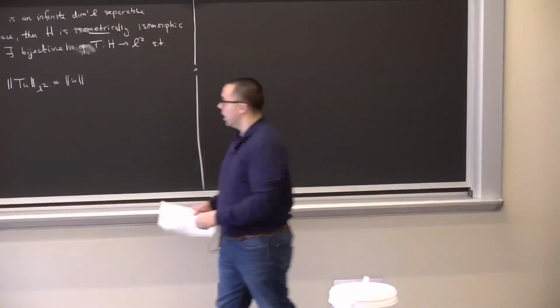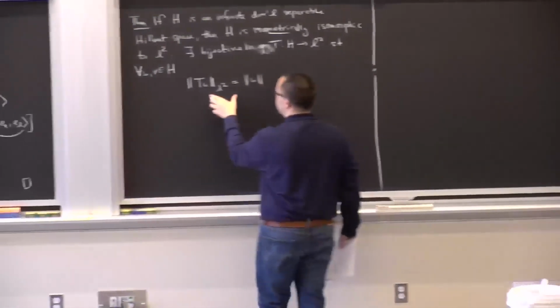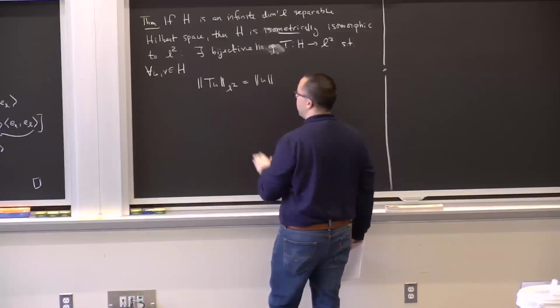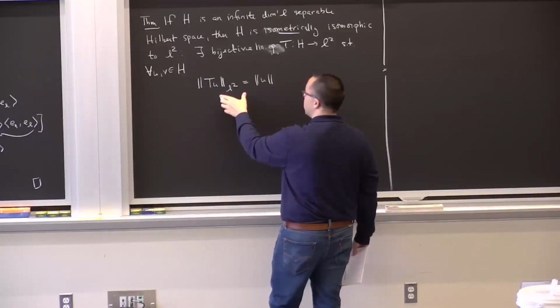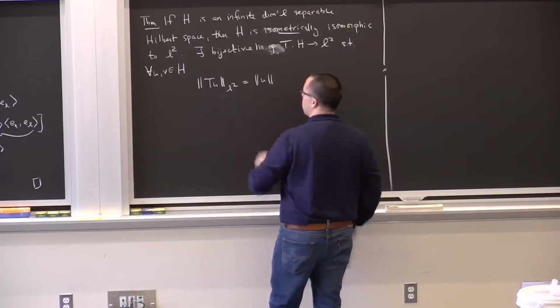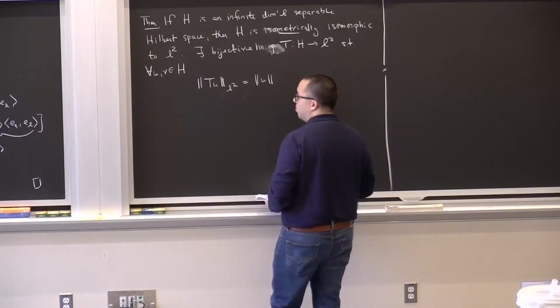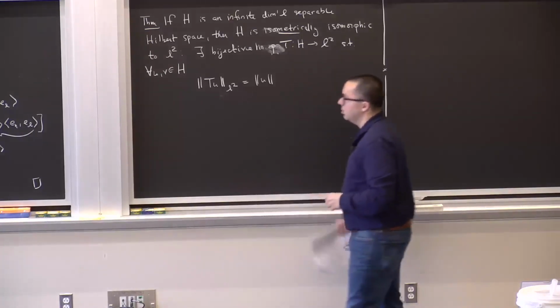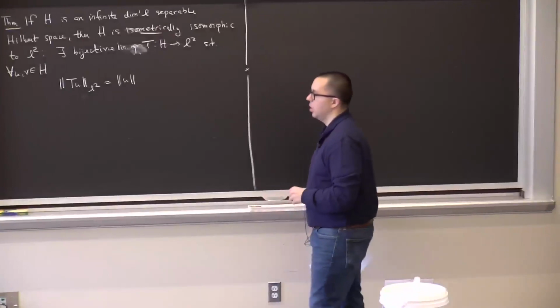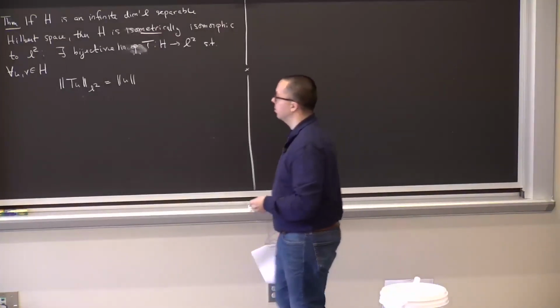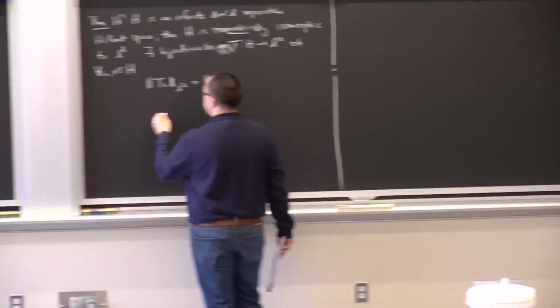Okay? And basically, if I have a map between two Hilbert spaces that preserves lengths, then it also preserves inner products by, not the parallelogram law, it's the polarization identity, which you see in the assignment.